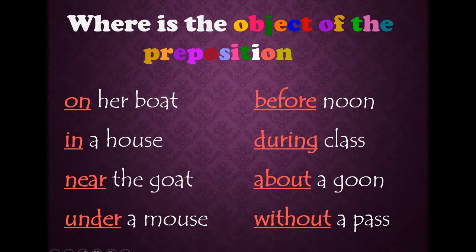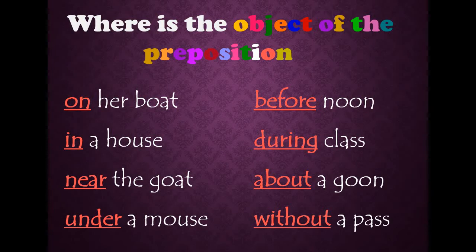So, the first point you have to know is that my sentence has two parts. The first part I call the preposition and the second part I call the object of the preposition. The preposition is the one we talked about, the common prepositions that we have to memorize, and the object of the preposition is the noun that comes directly after the preposition.